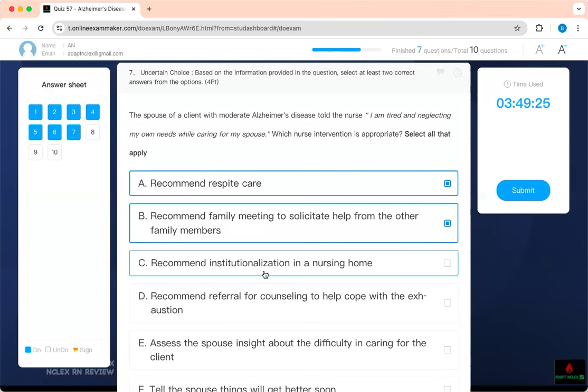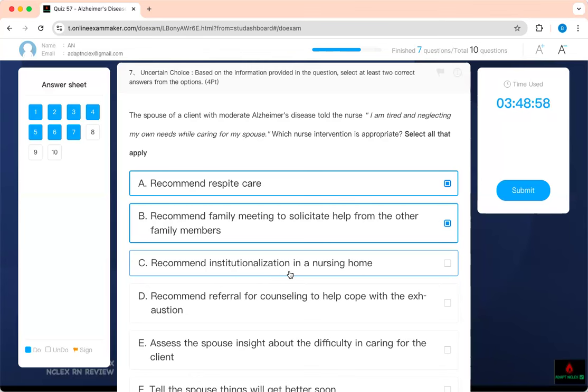Recommend institutionalization in a nursing home. No, you don't need to send this patient to a nursing home. The spouse said he's worried about taking care of himself, so taking the spouse to a nursing home is not going to help the situation. Attack the question they've asked you. How do you fix the idea that he or she is being overwhelmed?